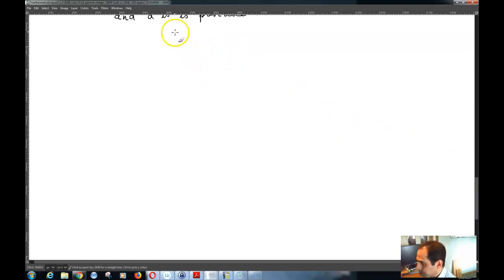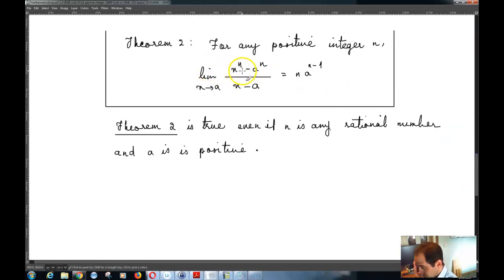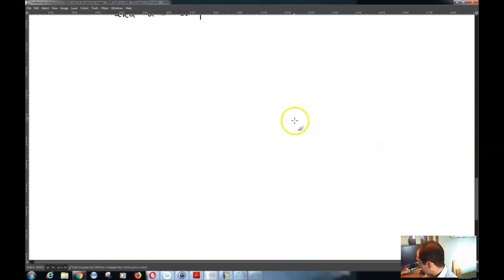So now the theorem is that the limit of x raised to the power n minus a raised to the power n over x minus a, when x tends to a, you want to know what that is. Suppose that I divide x raised to the power n minus a raised to the power n by x minus a.